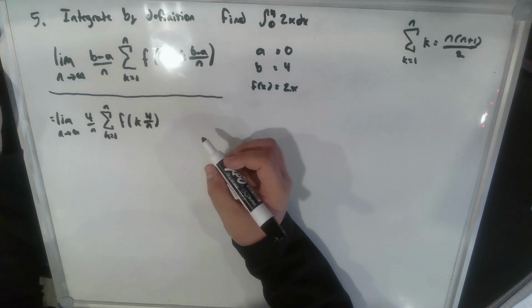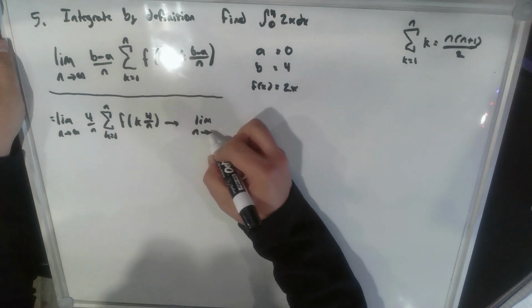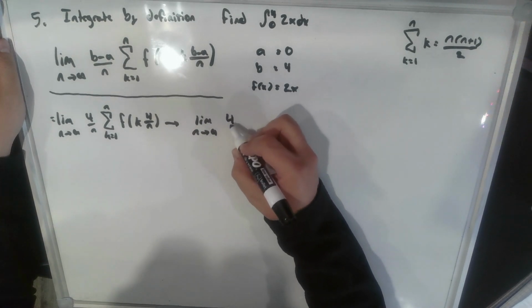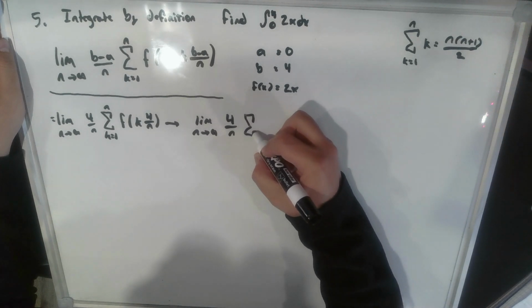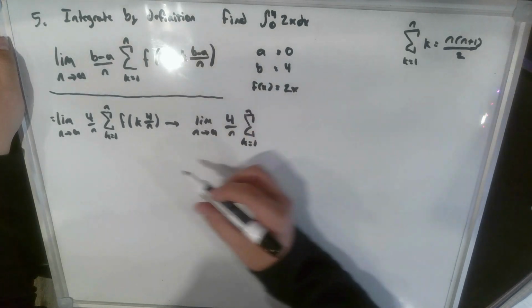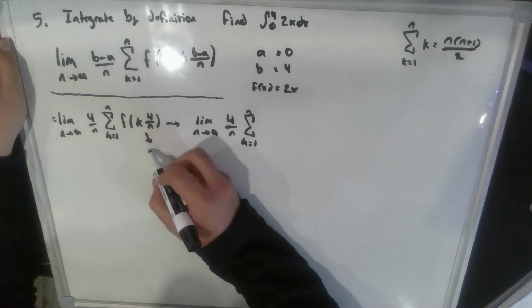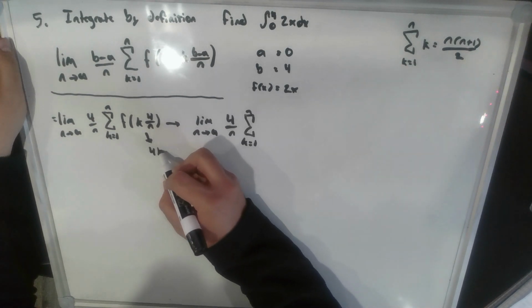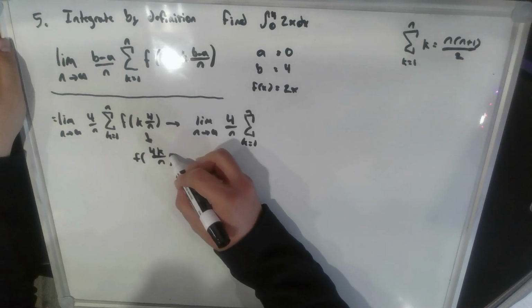This can be rewritten as the limit as n approaches infinity of 4 over n, sum from k equals 1, and the inside of this can be rewritten as 4k over n. So it'll be f of 4k over n.